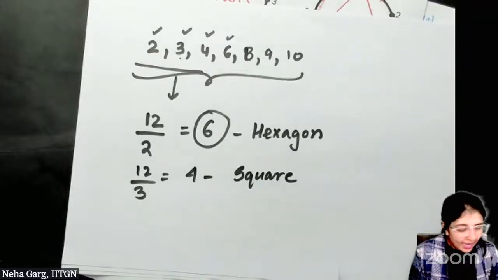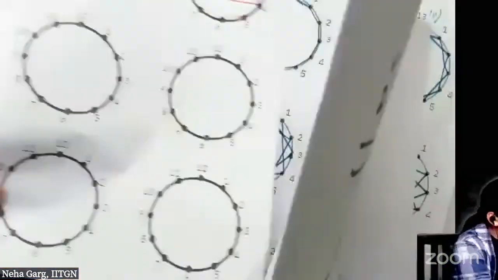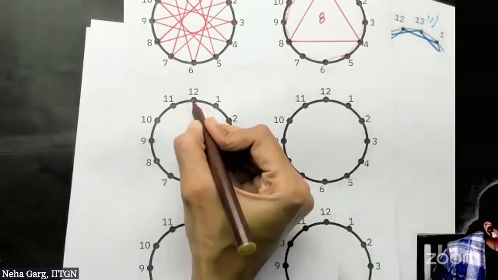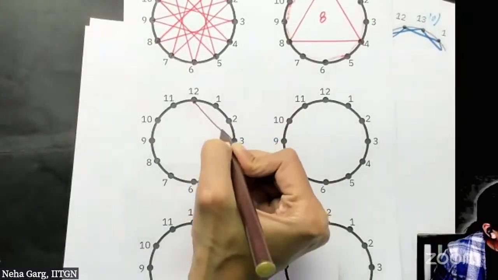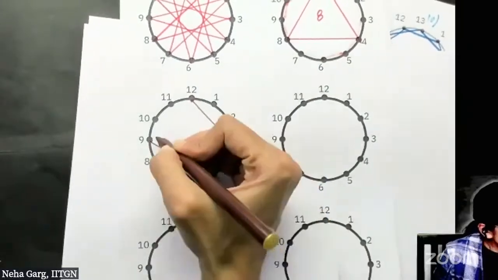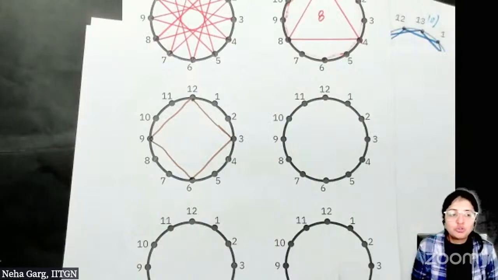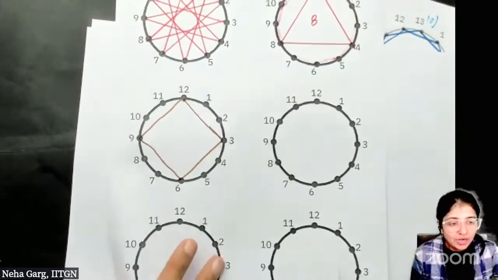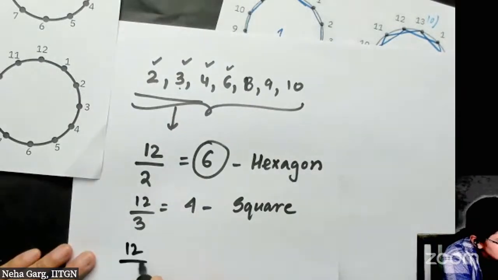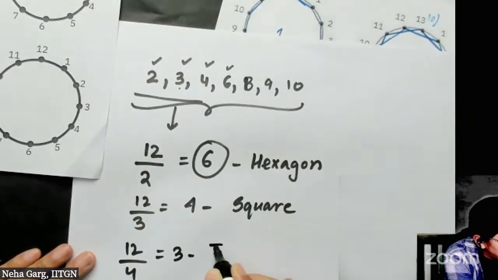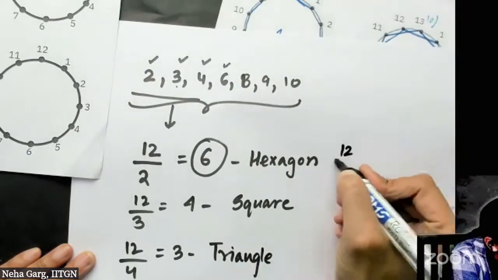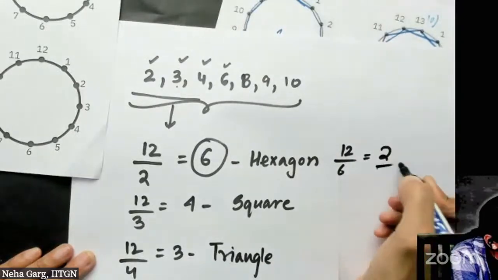If I have this 12-point ring, how many times can this line segment go into 12 points? This is 1, then 2, then 3, and this is 4. The number of times it goes into 12 is the number of segments that you can draw here. Then 12 divided by 4 gives me 3, and that is why I got a triangle. And when I divided by 6, I got 2, which gives me a line.